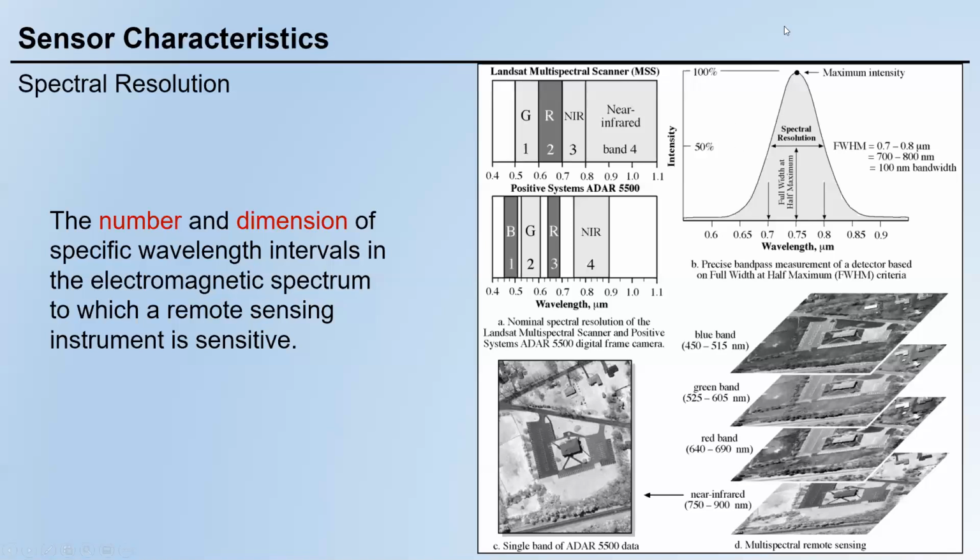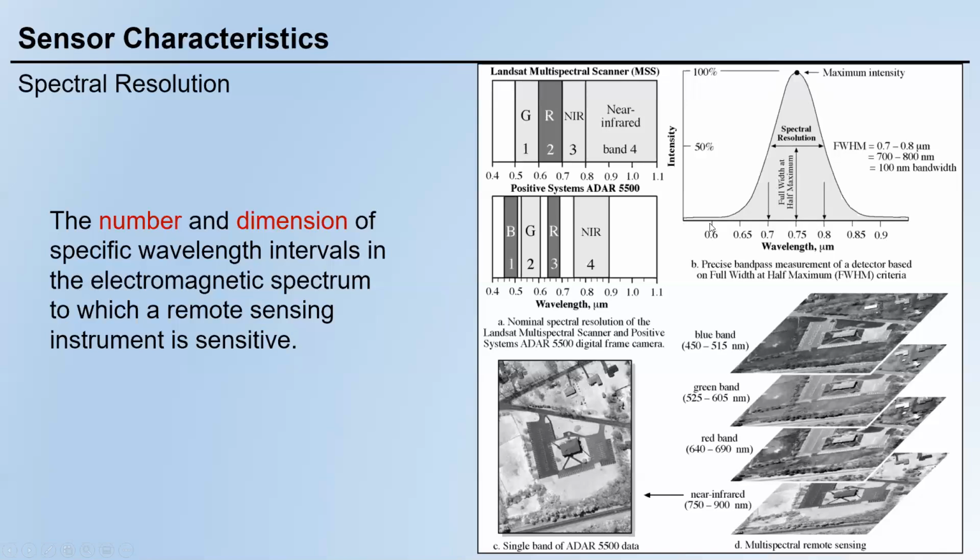Okay, so figure B, here we have a plot for the explanation of the width of each band. For example, here we have a specific band. I'm not sure which band this is, but let's just assume this is a specific band.